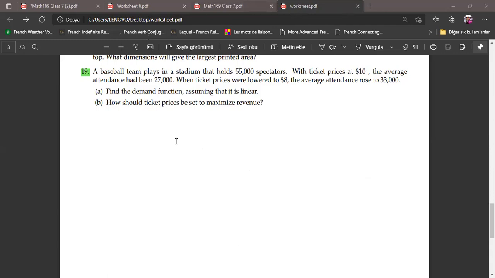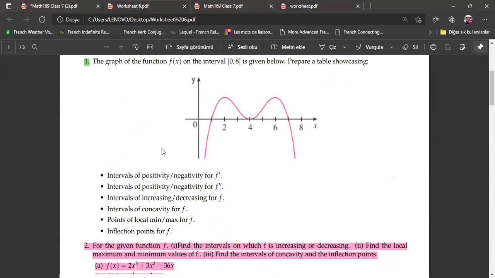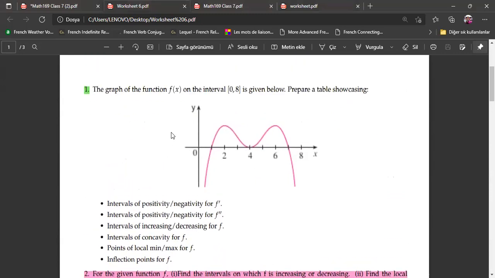Let's start number 6. Now we have this function. Its graph is given now. What do we do here? We will find intervals of positivity and negativity for f prime.